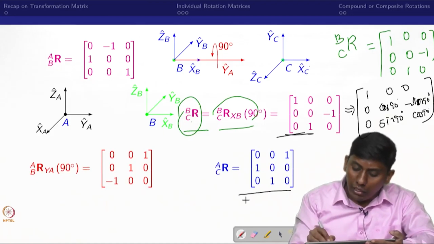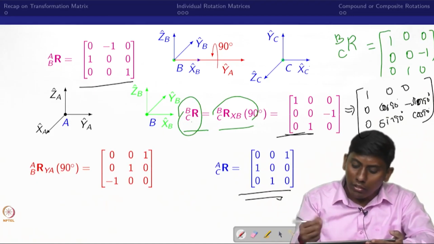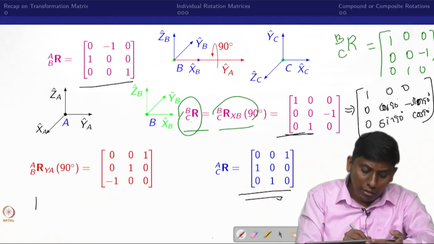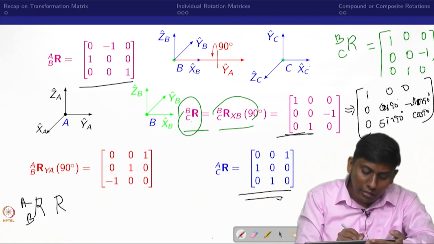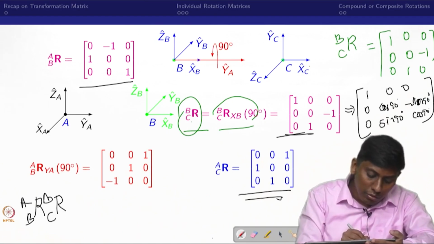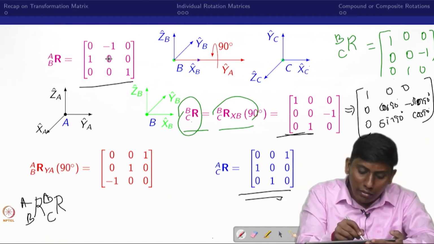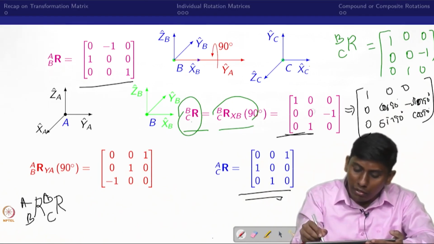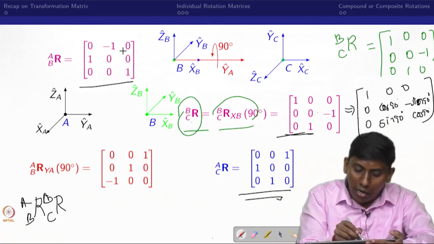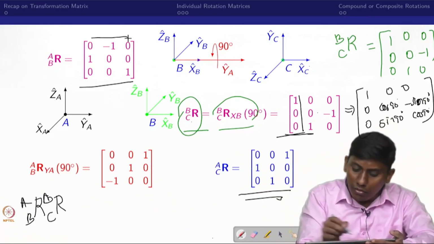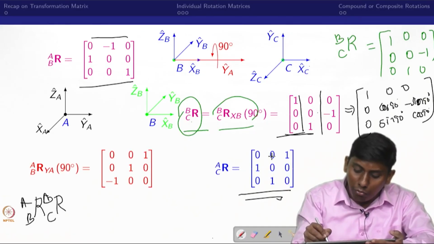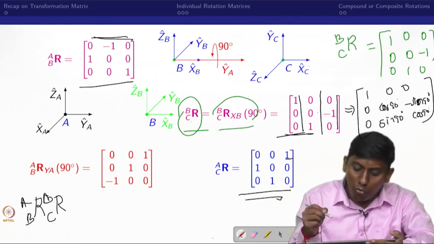Now you need to get this, right? So already you have this. So what you can do is multiply R_BA and post multiply, right? That is what we have seen. So if you are post multiplying this with this, what you can see is 0 minus 1 0 multiplied here becomes 0, and again that would be 0, this multiplied with this, minus 1, so it becomes 1.